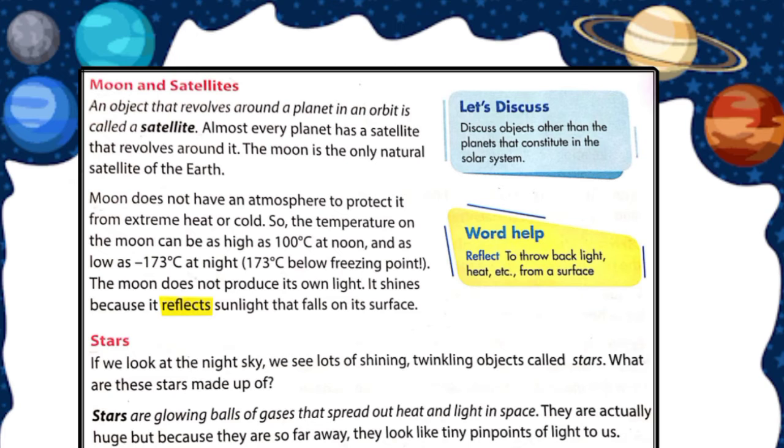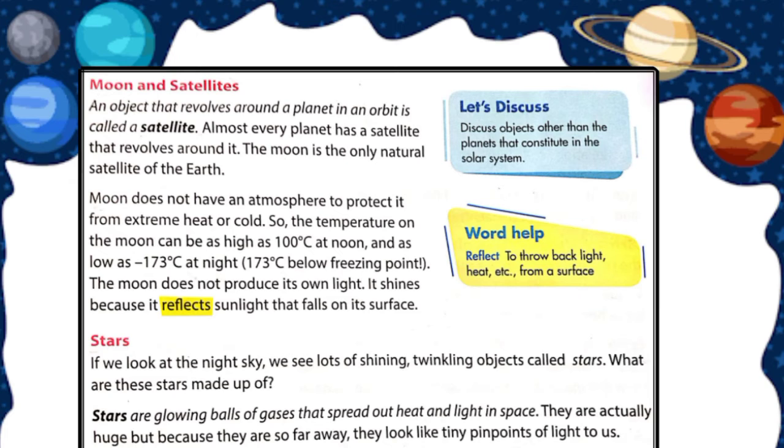And all the planets in the solar system except Mercury and Venus have natural satellites. Like Earth, the Moon is one example of a natural satellite. And artificial satellites are sent into space to gather information, and most are launched into space by rocket.